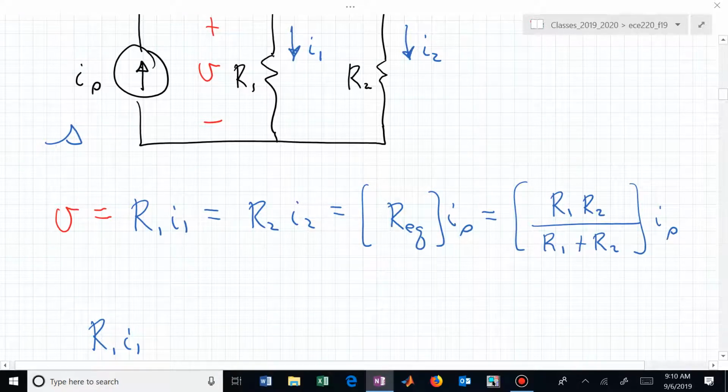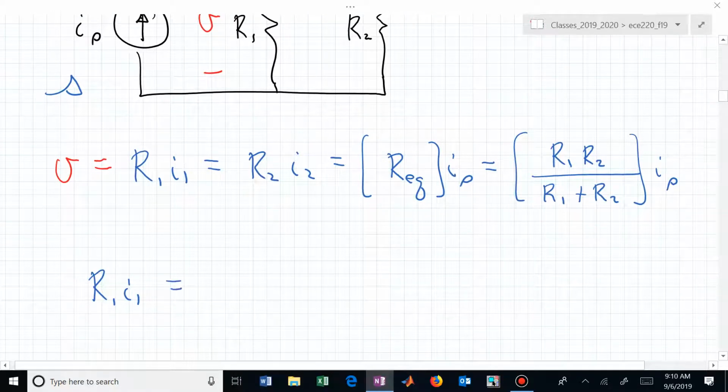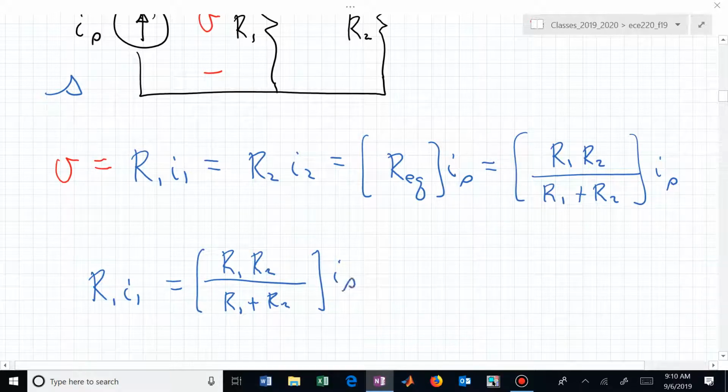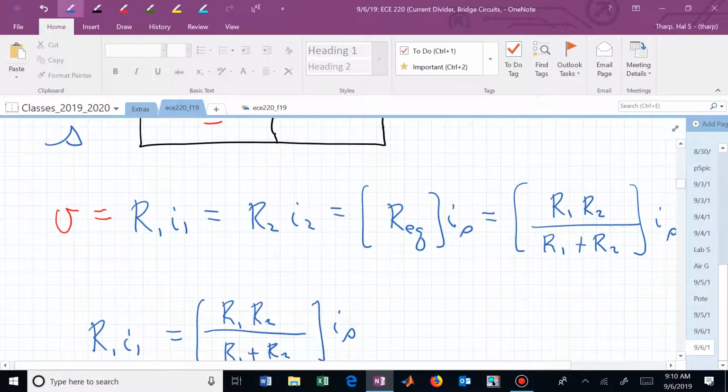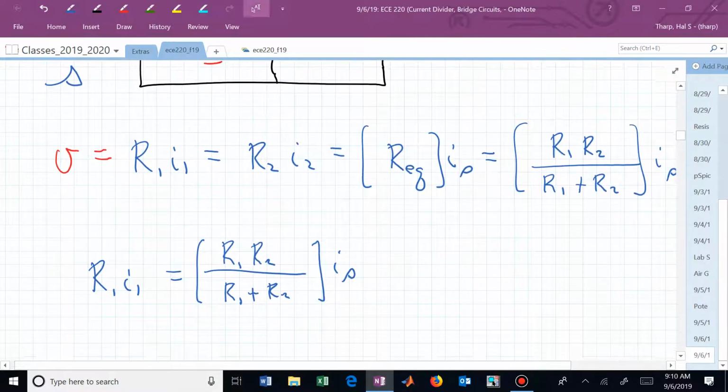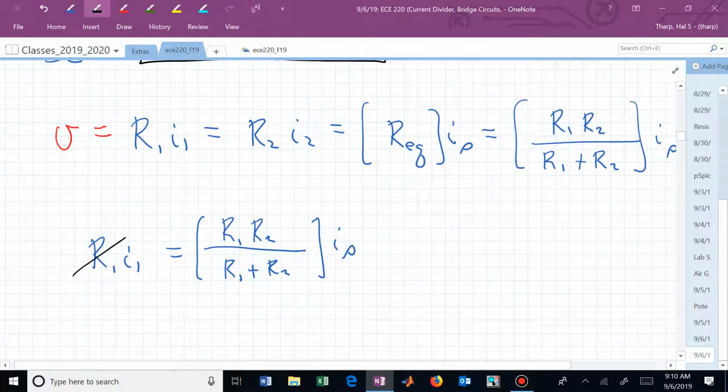And now if we look at these different relationships that are equivalent, we can find an expression for I sub 1 and I sub 2. Meaning R1 and I1, we just said, is the same as R1 R2 over R1 plus R2 times I sub S. And if that's the case, we can cancel a common R sub 1, and now we have our formula for the current in that R1 branch.